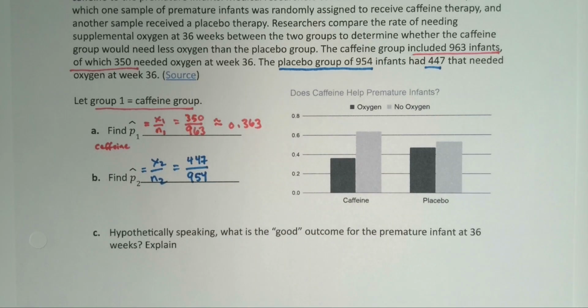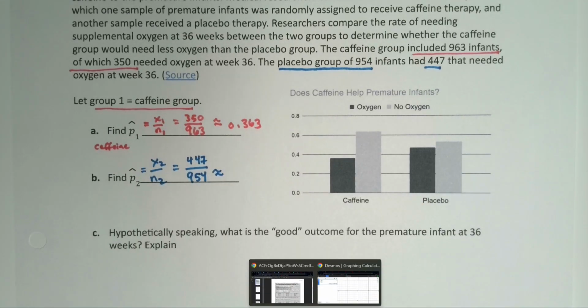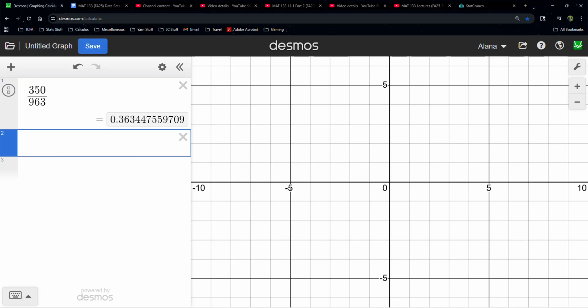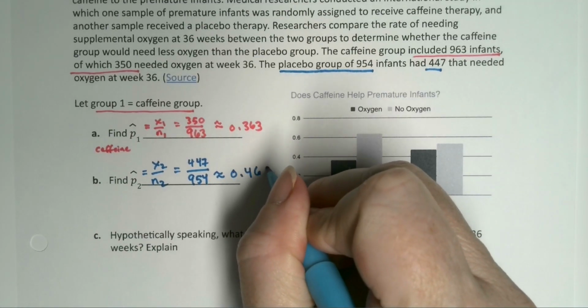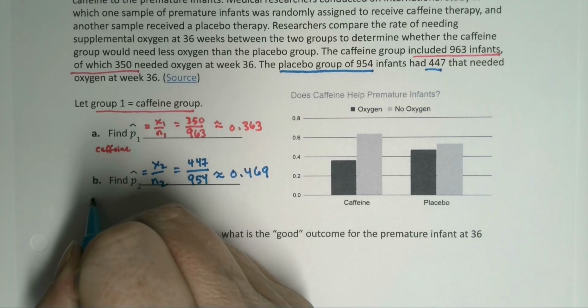So 954. Okay, so we need to know that decimal. And we need the decimals for later. We don't actually need them right this second, but it's common to want the decimal. All right, so we get 0.469, call it, right? Because that 5 would round that 8 up. So we're going to say about 0.469. All right, this is the placebo group.